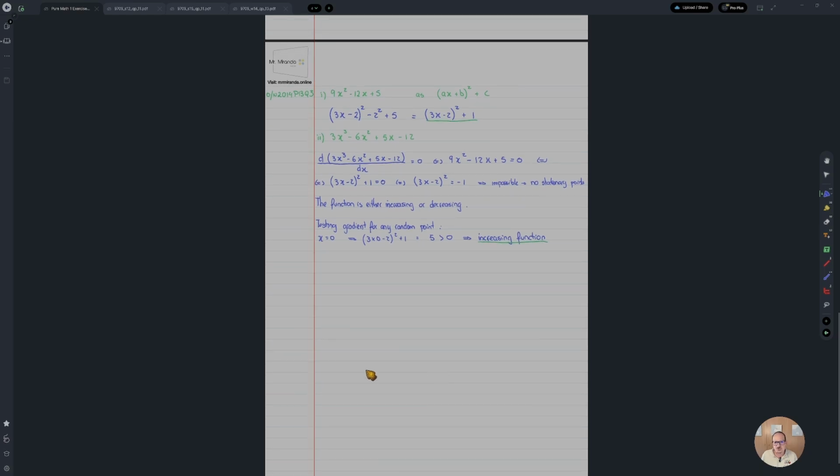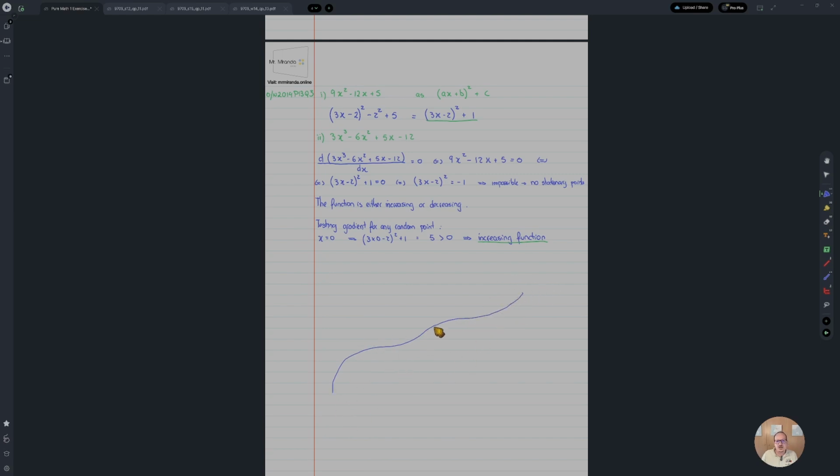It doesn't ask you to sketch the graph, but if it did, let me sketch it very quickly over here. It would be something like this. It's a cubic, maybe something like this, always increasing.